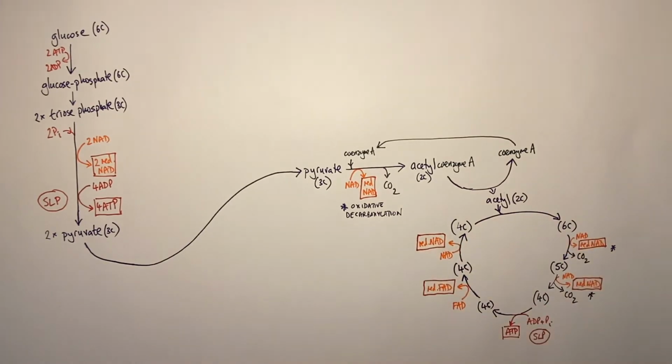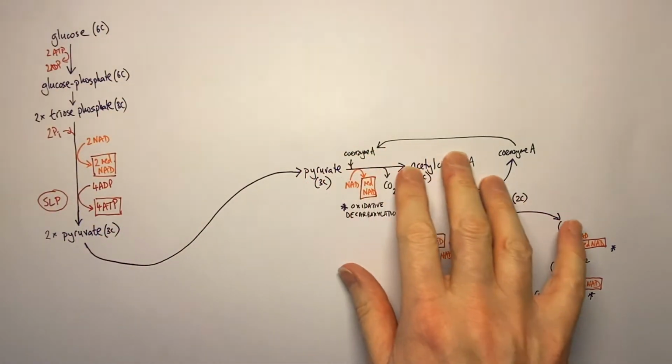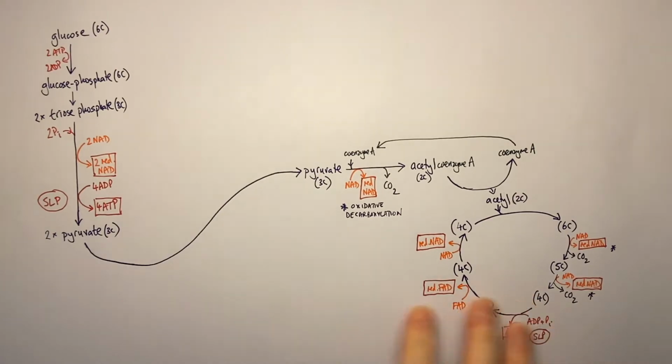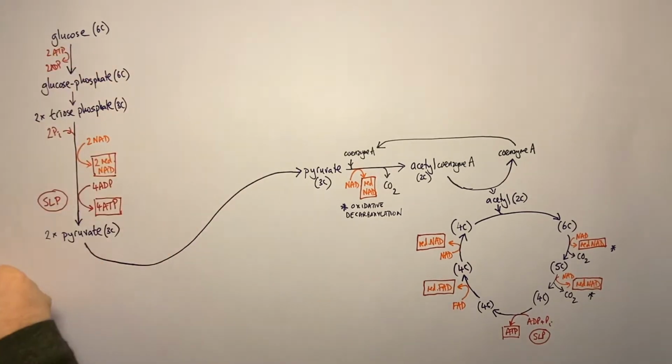And so we have the Krebs cycle, or Krebs ovoid, because it's not quite a cycle. So you can see here how all these processes are linked together. And if we go back to glucose, glucose contains a lot of chemical potential energy.